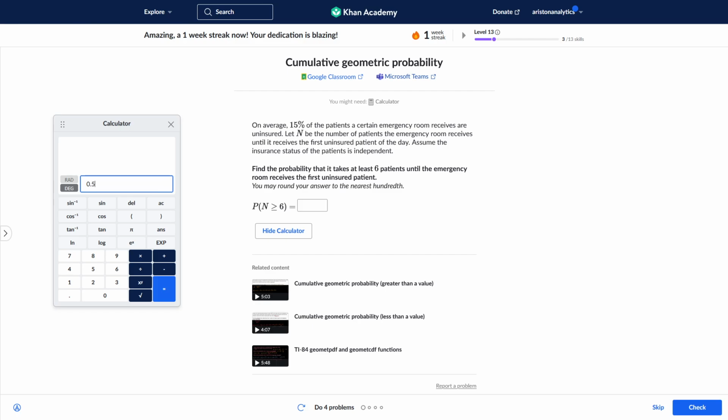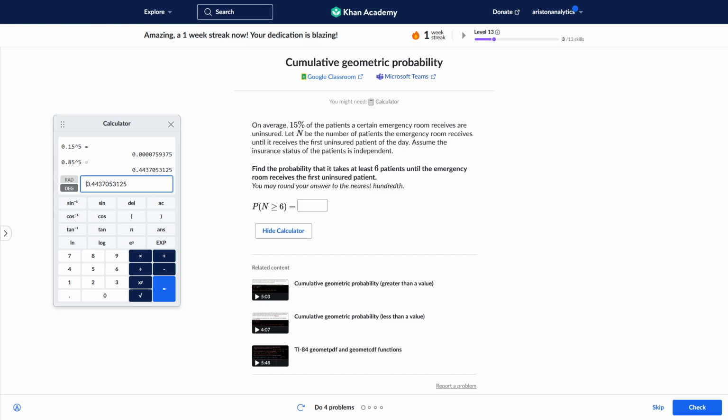So 6 or more, so 5 patients are insured. 0.15 to the power of 5. Nope, 0.85 to the power of 5.